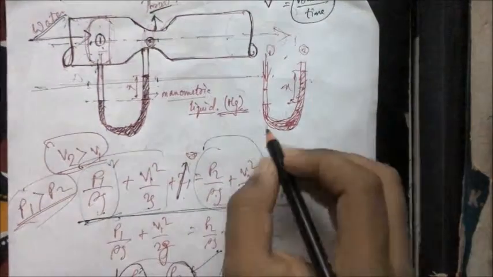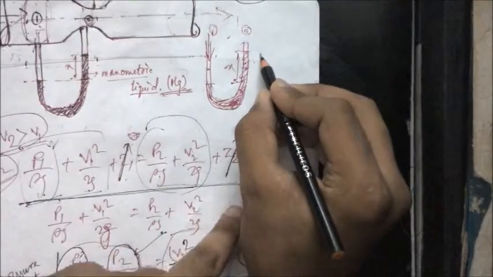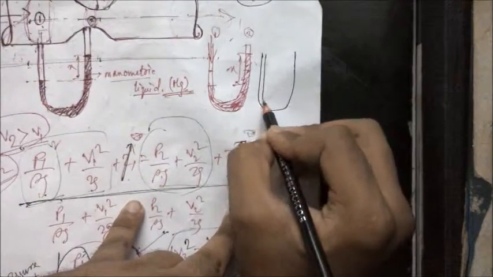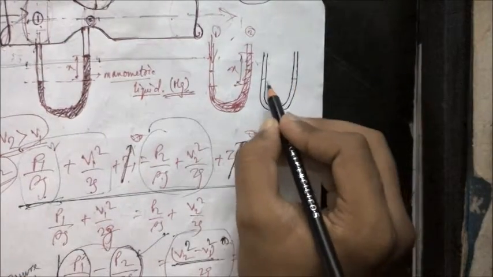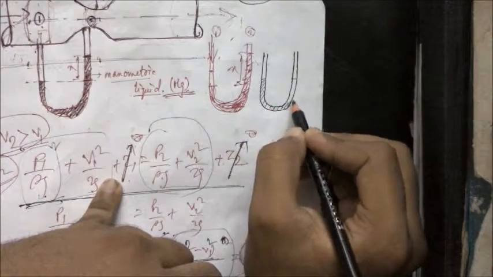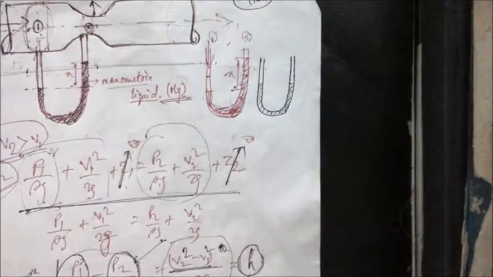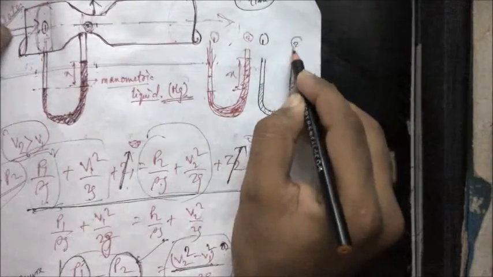Okay. If you consider the case like this, suppose this is my U-tube. This was the initial level of mercury, when the pressures at both the sides are the same. This is point 1, this is point 2.